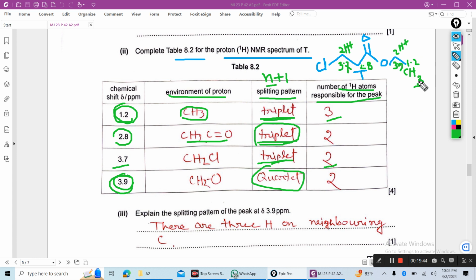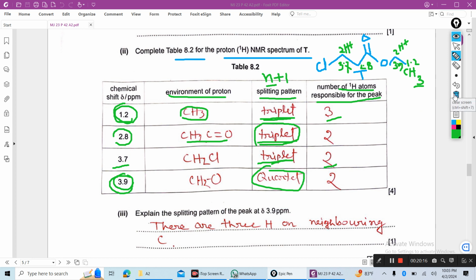CH3 means 3 protons, n plus 1 rule, so it will be a quartet. And the number of hydrogen atoms responsible for this peak will be 2, because CH2. This is for the environment of the proton, splitting pattern and number of hydrogen atoms responsible for each peak.